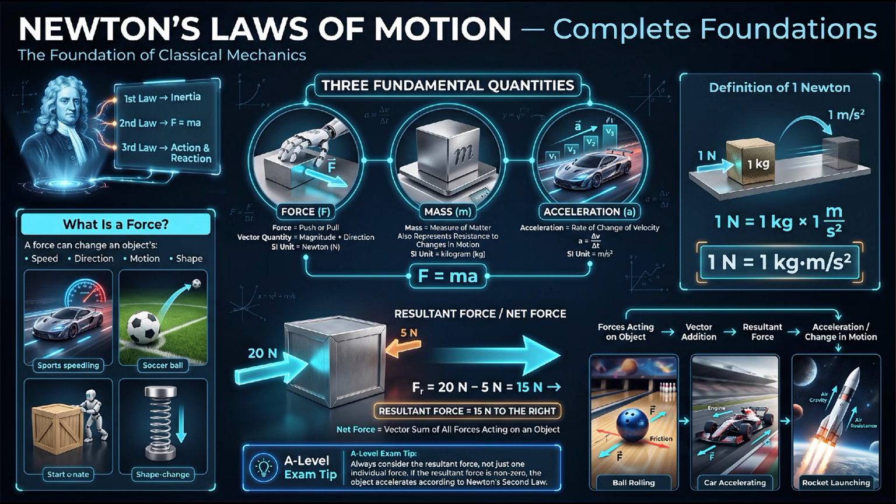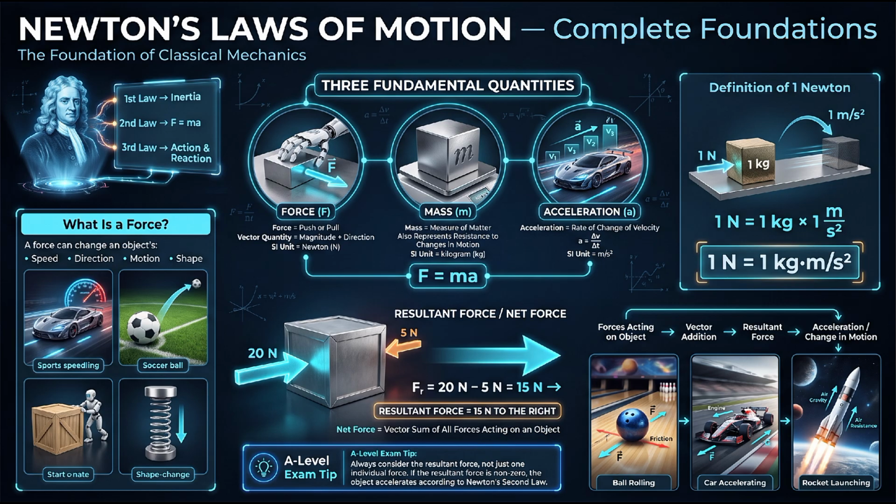Therefore, acceleration can be written as a = Δv / Δt. The SI unit of acceleration is meters per second squared, written as m/s². For example, if the velocity of a car changes by 10 meters per second in 2 seconds, its average acceleration is 5 meters per second squared.